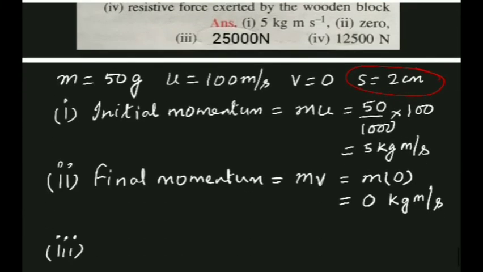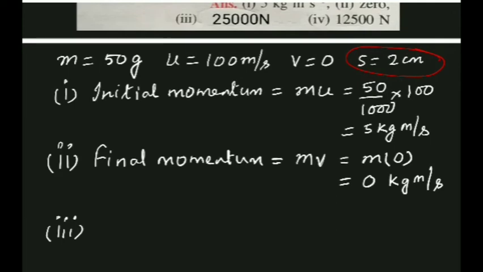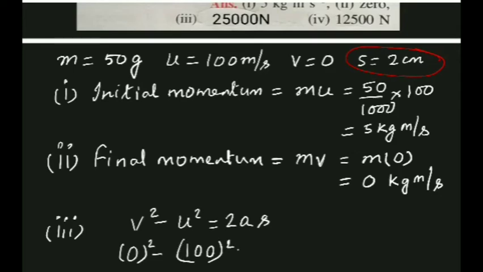So it's better we apply the third equation of motion, v square minus u square equals to 2as. So what is v? 0 square, u 100 square, a, what is value of a? We have to find out. And s is 2 centimeter, so you have to convert into meter.